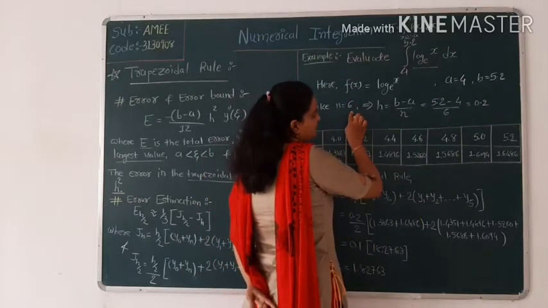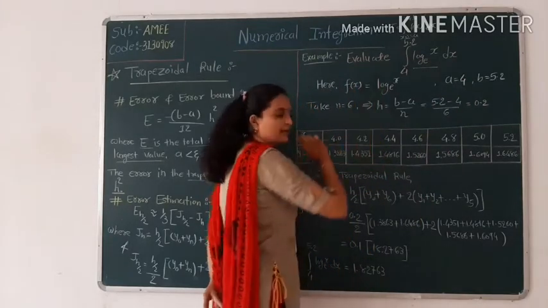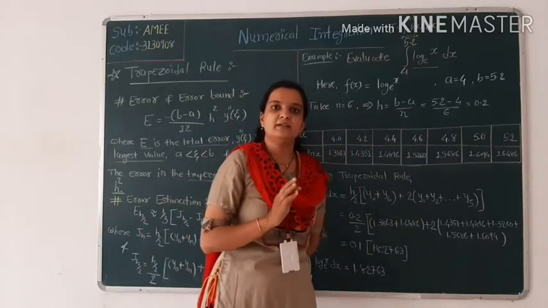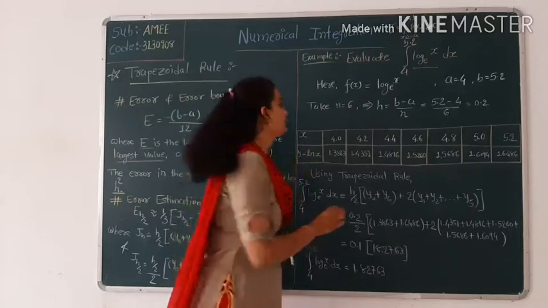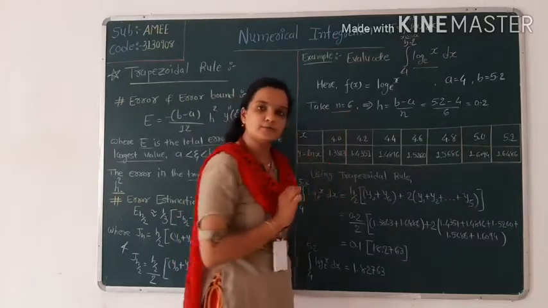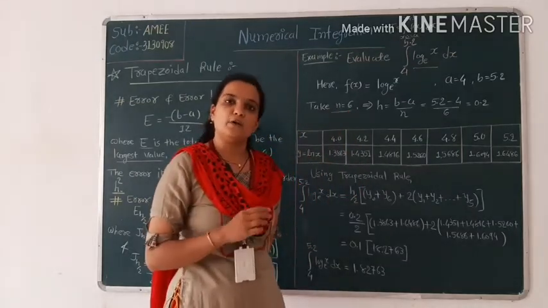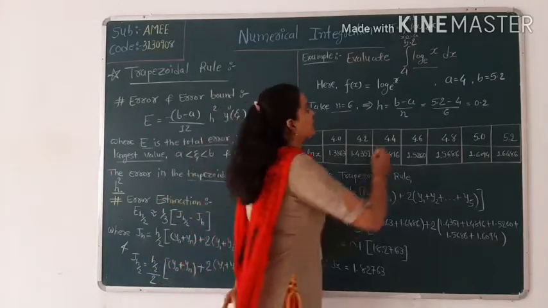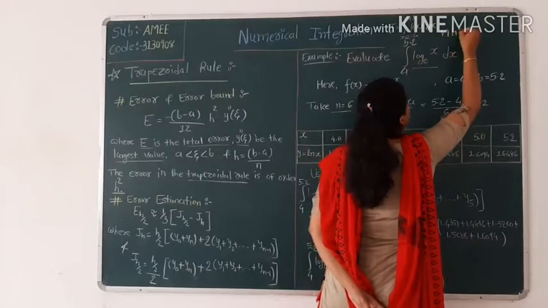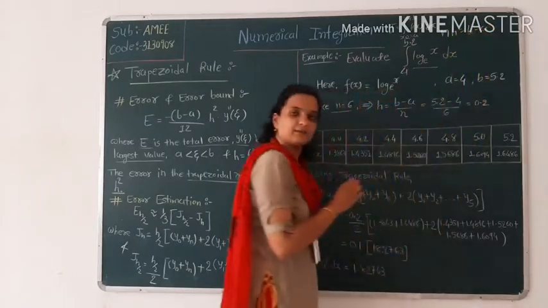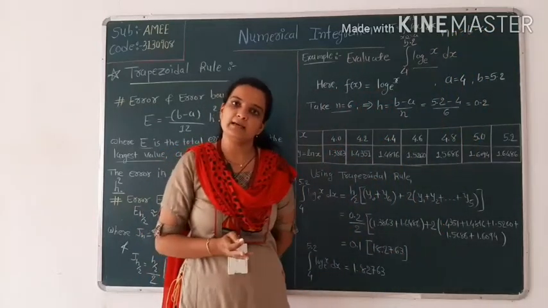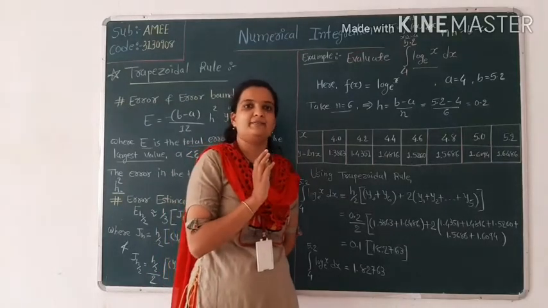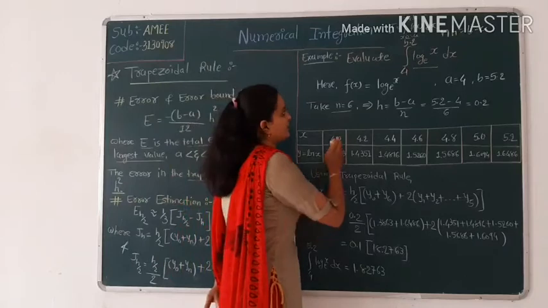Also, if in the example there is no given n and h, we take directly n equals 6. If the value of n or h is given, then from the formula nh equals b minus a, we find h if n is given, and if h is given then we directly use the value.